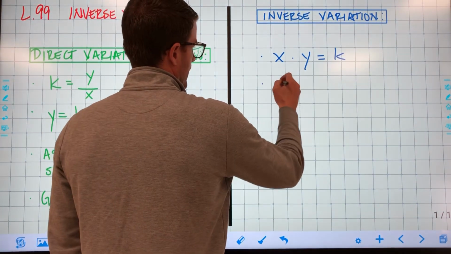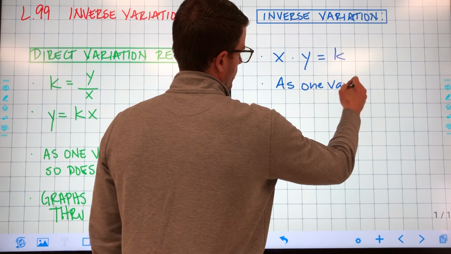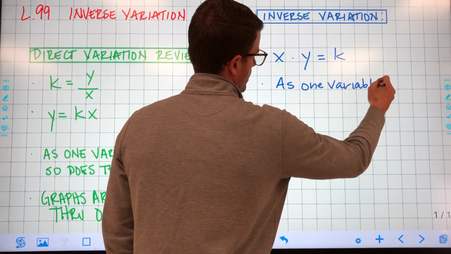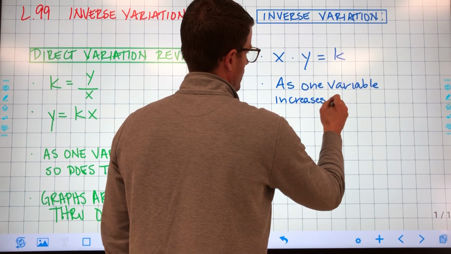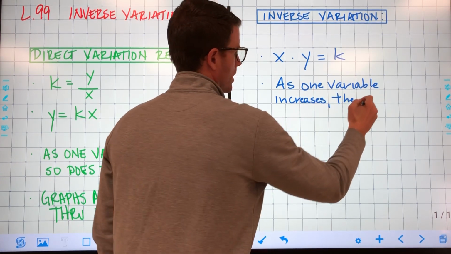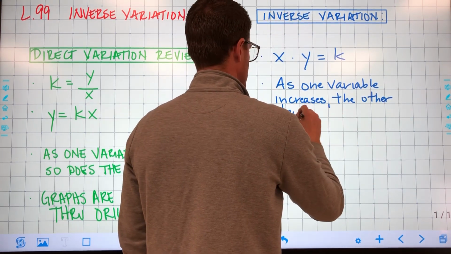Next, as one variable increases, the other decreases.